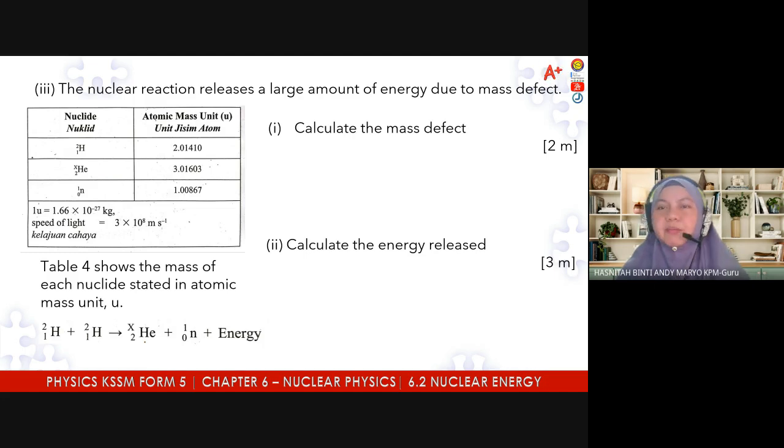Okay, what will be the mass defect? So for the initial mass, we have two deuterium atoms. For the final mass, we have helium and neutron. So this will give you the mass defect, Mi minus Mf: total mass before reaction minus total mass after reaction.